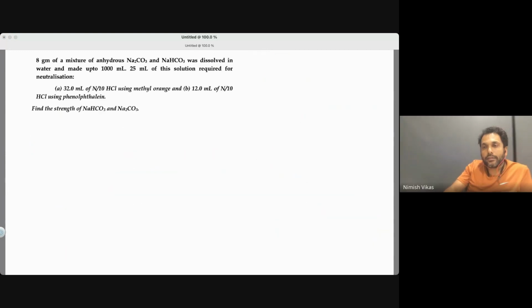Okay. So if it is clear, everybody should be able to do this. Since I've given enough time for the others to do, I'll just do it and end the class today. 8 grams of a mixture of anhydrous Na2CO3 and NaHCO3 was dissolved. So somebody just tell me what is your answer, and then I'll see.